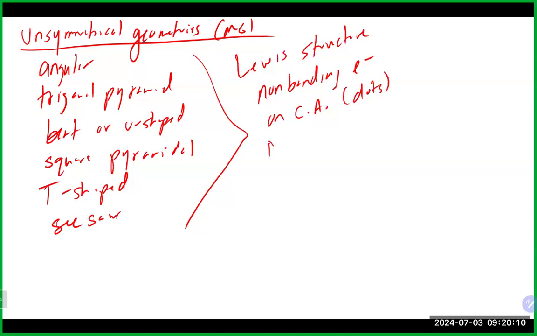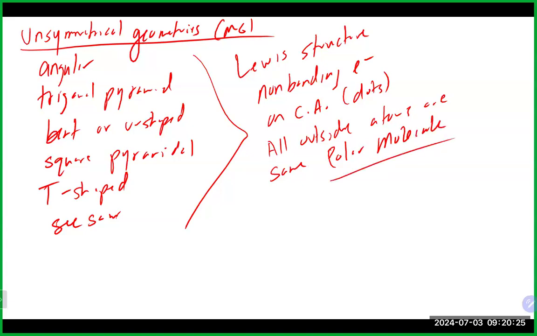And if all the outside atoms are the same, it will most likely be a polar molecule. You'll get some unsymmetrical things happening. So for example, if we looked at our water that we saw earlier, when I look at this, I see dots, I see everything on the outside is the same. I know it's a polar molecule.